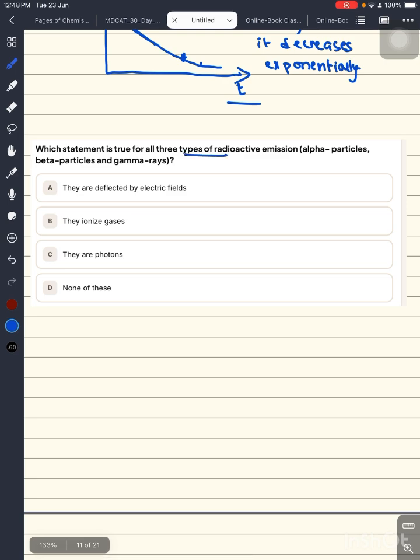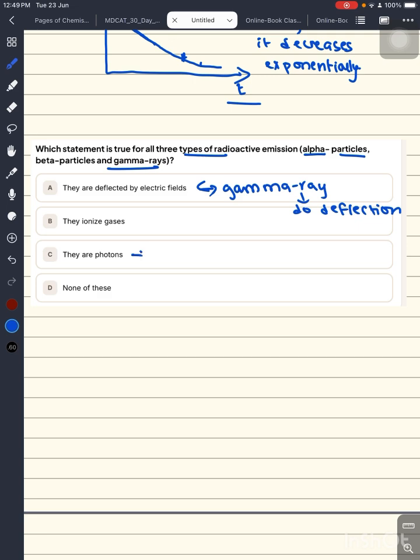Which statement is true for all three types of radioactivity: alpha particle, beta particle and gamma rays? They are deflected by the electric field? No, as we know that gamma rays do not deflect. No deflection. They are photons?